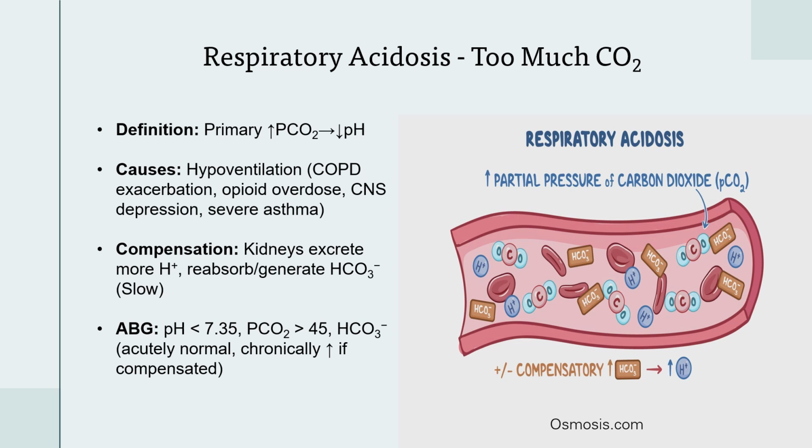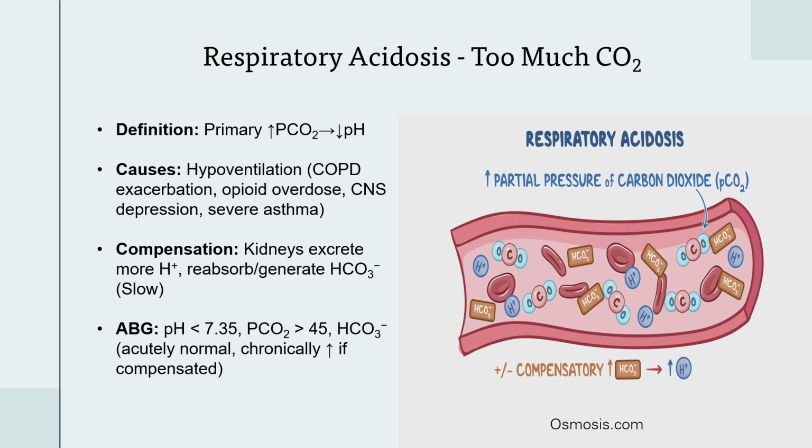So the compensation is always the other side of the equation. Compensation comes from the kidney. Remember, the kidney takes care of the bicarbonate. It reabsorbs the bicarbonate, so bicarbonate will bind to the excess hydrogen ion to shift the equilibrium to the left. If you have a lot of hydrogen ions, the kidney can excrete them.